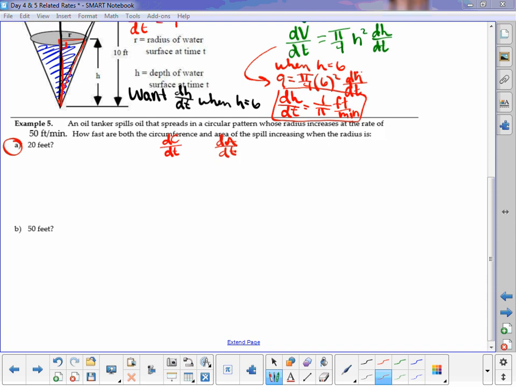I got nothing. I don't know. I just like the notes. I'm looking at the other problem. No. I think I'm going to start off with the circumference. Wait, what was your question? My bad.